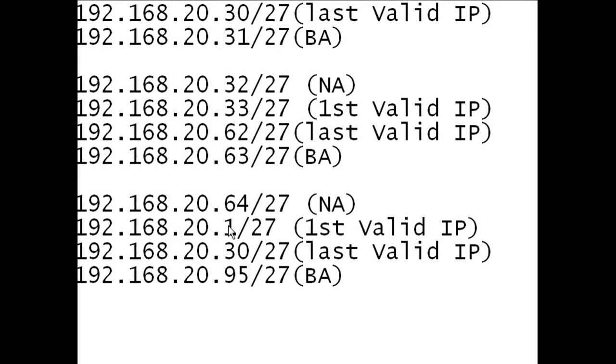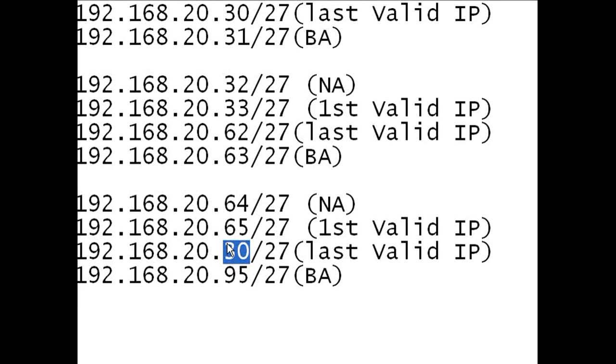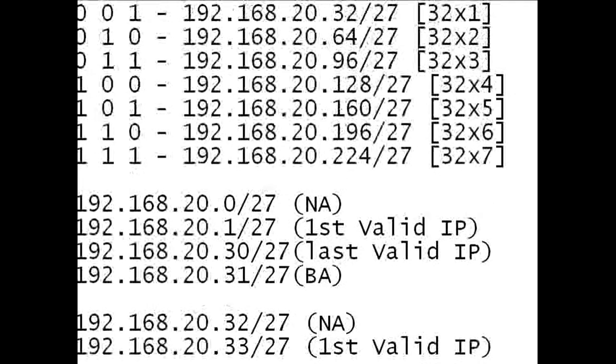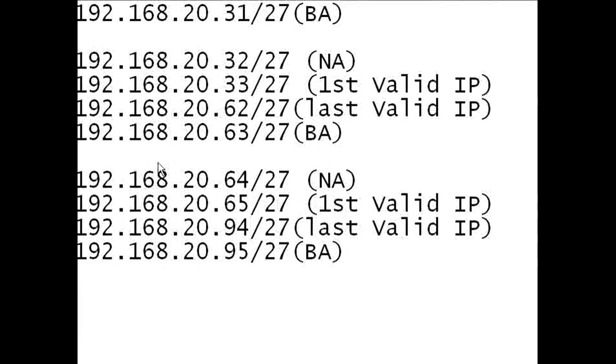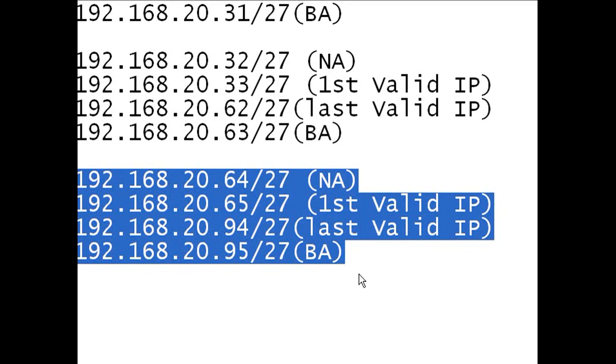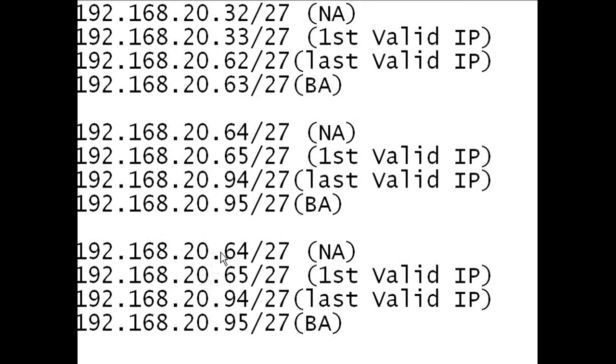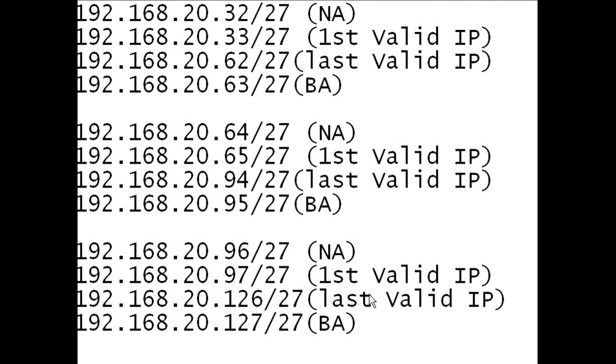So this will be varying from 96, and this will be 97 till 126, with 127 as the broadcast. So I'm getting the specification of the next subnetwork. So I've calculated the first, second, third and fourth subnetworks. Now we have to calculate 4 more. So let's quickly calculate.